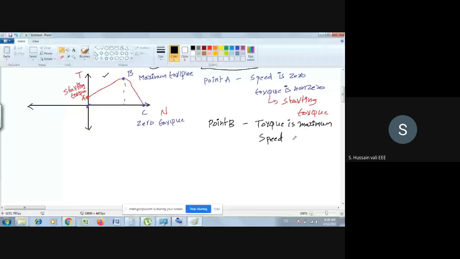Where about is the speed now? You see yourself where point B is. Point B is near to C, whereas point A is far. So we can say the speed is near to maximum. Maximum here means the synchronous speed.